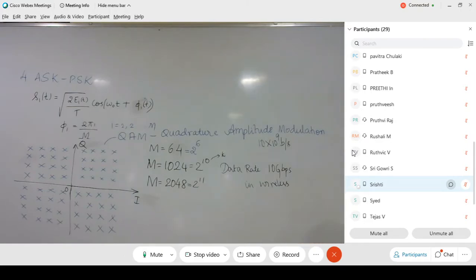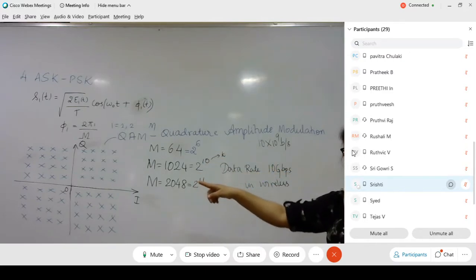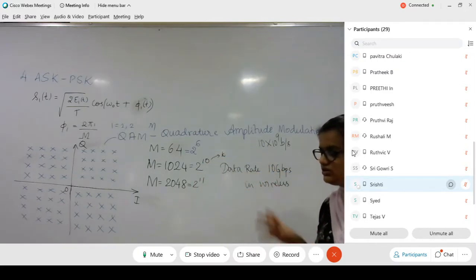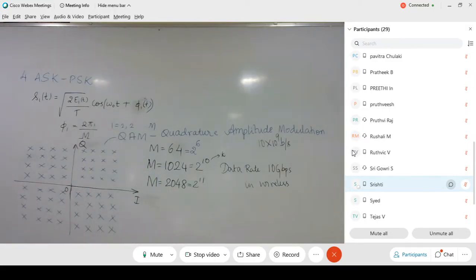Like that, it will go on increasing depending on the number of data bits I use to represent one symbol. So this is it with respect to the ASK PSK combination, and it has a specific name. If all the symbols are arranged in quadrature, then it is called quadrature amplitude modulation. I hope this is clear.